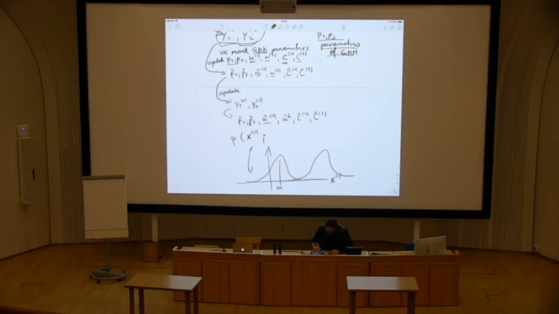Here we have one Gaussian with mean vector m1, here another Gaussian with mean vector m2. The Gaussian mixture model specifies a probability distribution for these feature vectors, and this distribution depends on the parameters, of course.